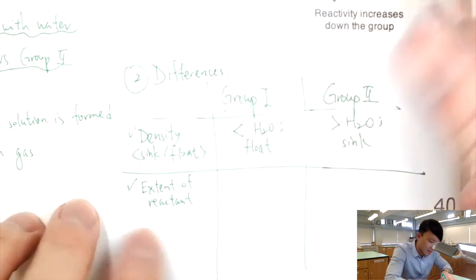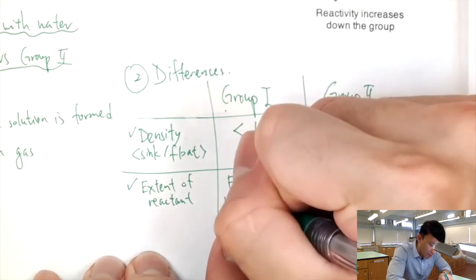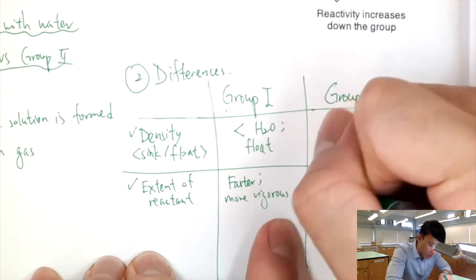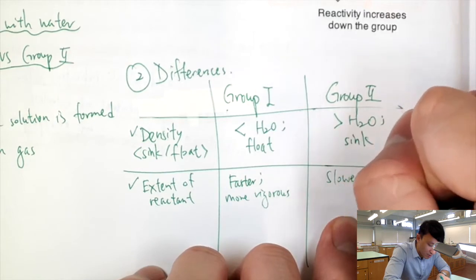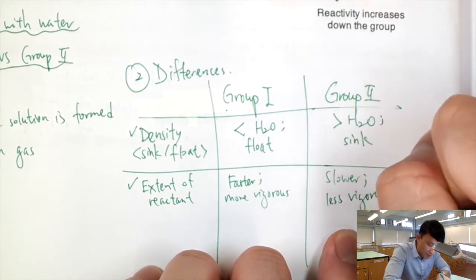Group 1 is faster or more vigorous, and Group 2 is slower, less vigorous. Okay?